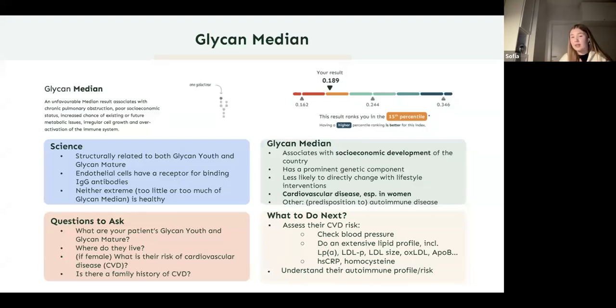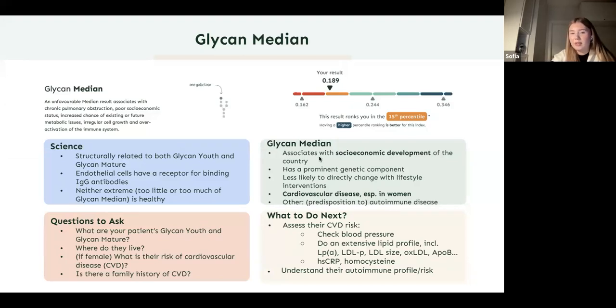And this one is very, very connected to your genes, but also to your cardiovascular system and cardiovascular issues, because cells on our endothelium, so in our blood vessels, do have receptors for binding this type of glycans, and we don't want to have too much of either extreme, because this is the mechanism that will have a negative effect on our cardiovascular system. So we don't want, as I said, neither extreme, neither too little or too much of glycan median.